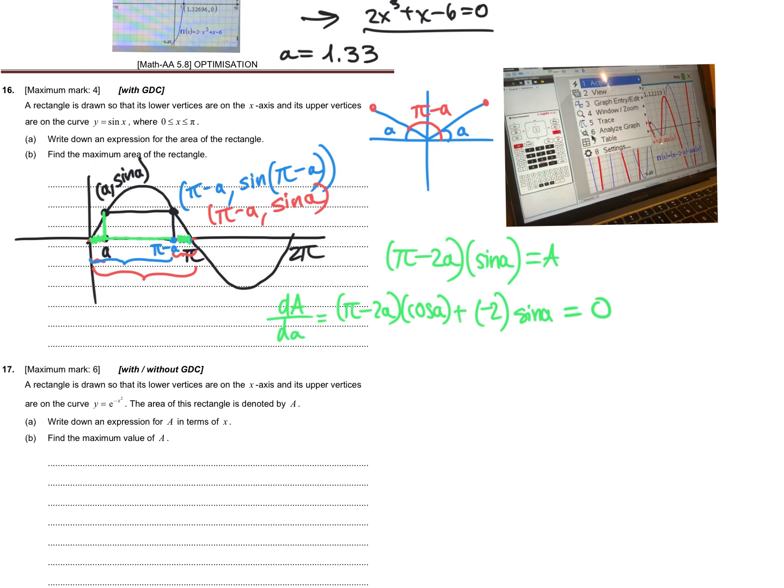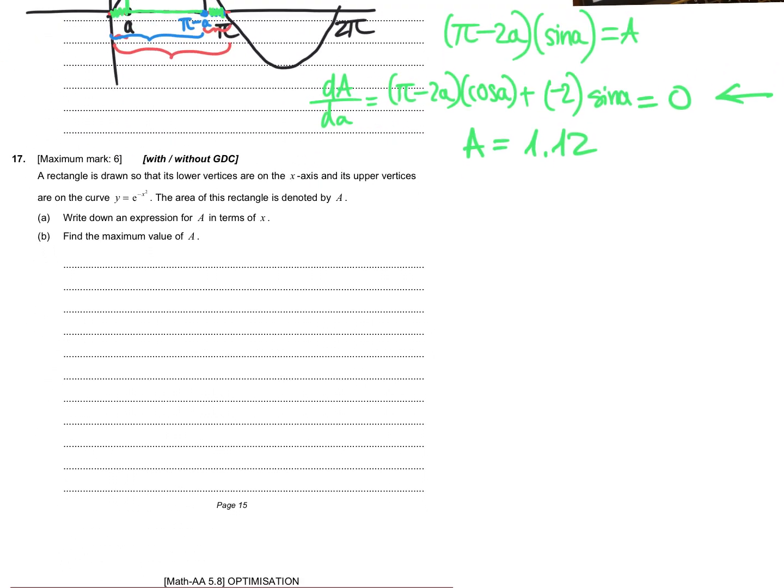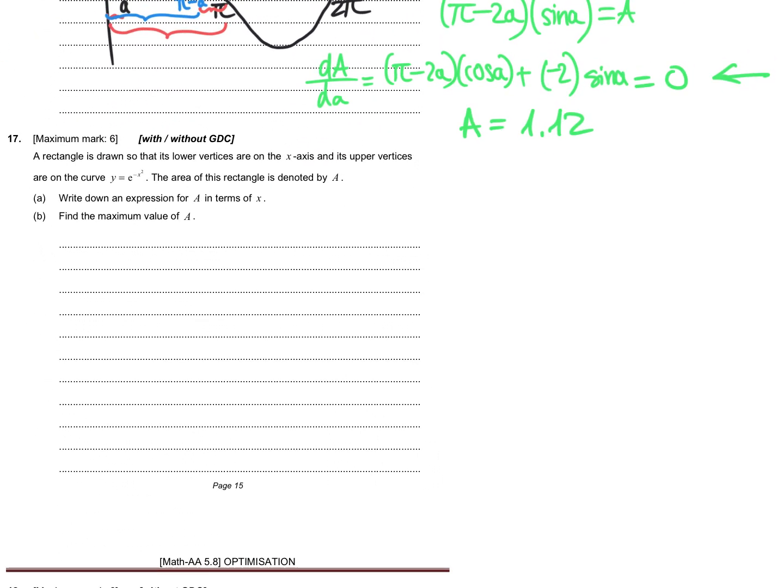If you do the zero of this one, and we want here and here, you get the same x. But then you have to sub it back in to find the area, okay? So the area is going to be 1.12. That's the maximum area of the rectangle. You could have also done nSolve with this, but just be careful of that, because it needs to be in your domain and stuff.